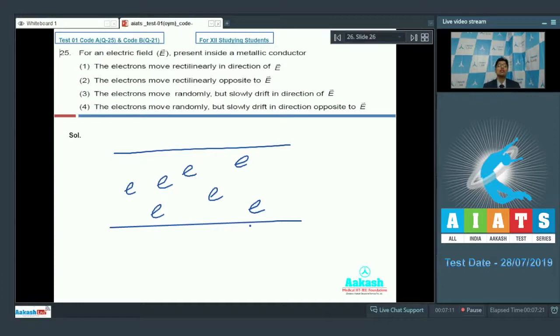Now, since the force on electrons is in the direction opposite to the E, the electrons in totality, or on an average, slowly drift in the direction opposite to E. So dear students, the correct concept of this problem is that the electrons move randomly inside the conductor but slowly drift in the direction opposite to E. So the correct answer should be option number 4.